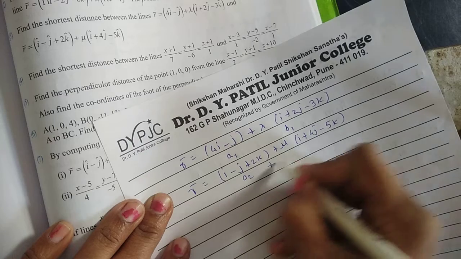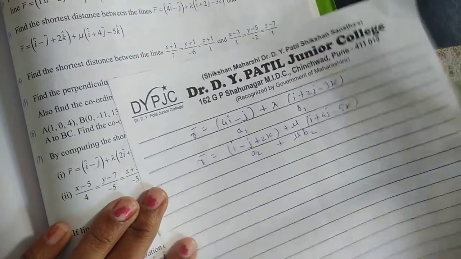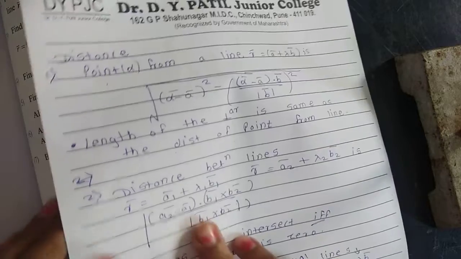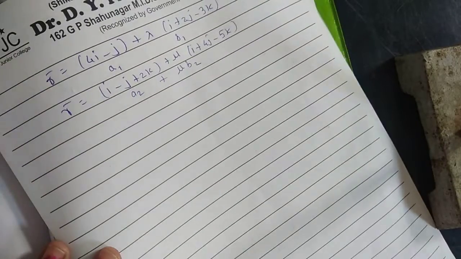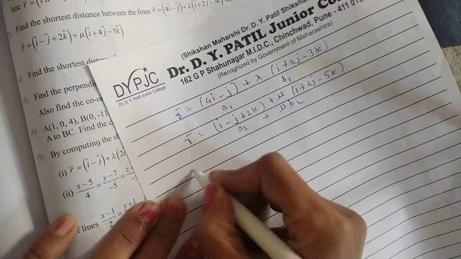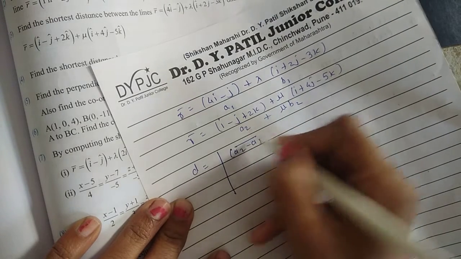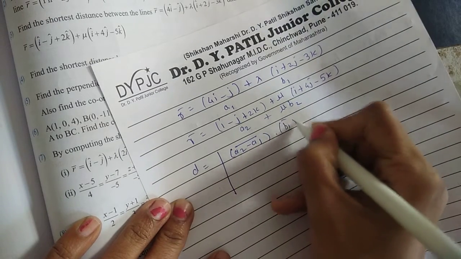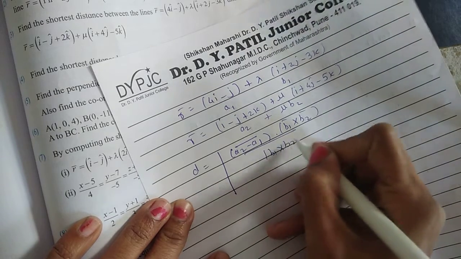So a2 plus mu b2. So here we have to use the formula, that is (a2 minus a1) dot (b1 cross b2) upon modulus of b1 cross b2.